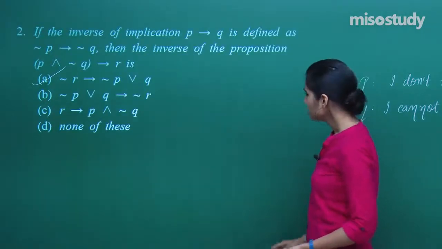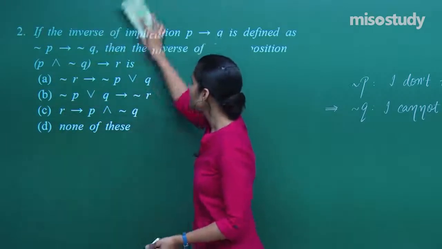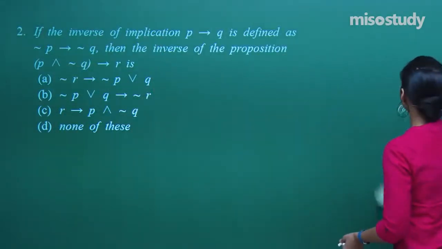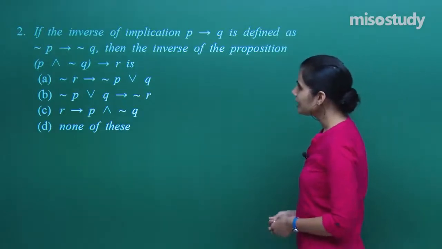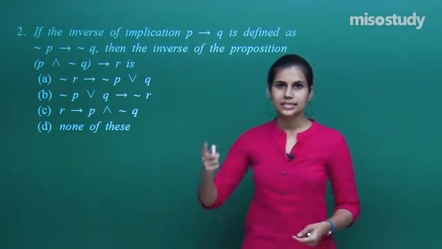Next says: if the inverse of the implication P implies Q is not P implies not Q, then what is the inverse of the proposition P and not Q implies R?